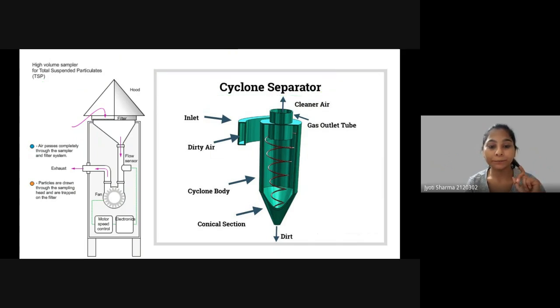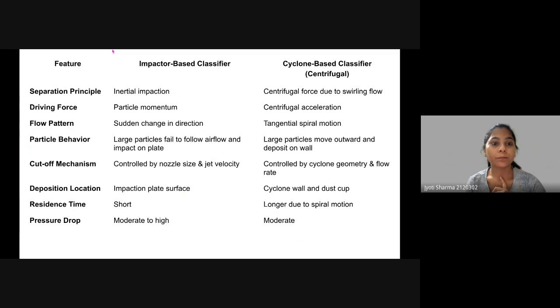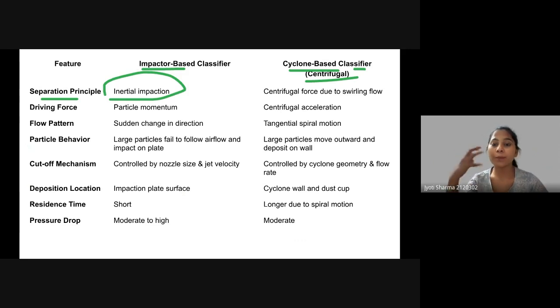Let me show you. We have two types of classifier. One is impactor based, and the second is cyclone based, or centrifugal based. The separation principle for the impactor based is inertial impaction. Whenever a particle has more mass, it will be collected first.